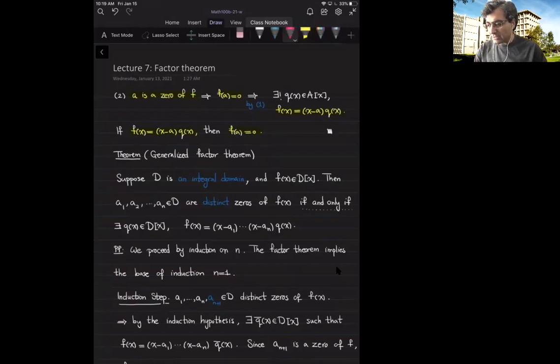We can interpret this result, the factor theorem, in terms of the evaluation map. Let's recall that if I define phi of a to be the function from A bracket x to A, where we are evaluating a polynomial at a, then the kernel of this evaluation map is precisely the set of polynomials that have small a as their 0.